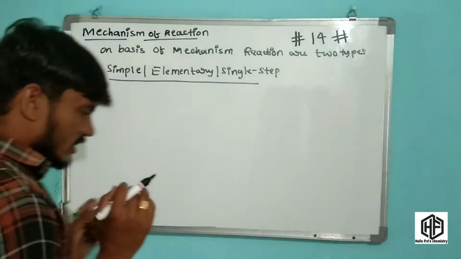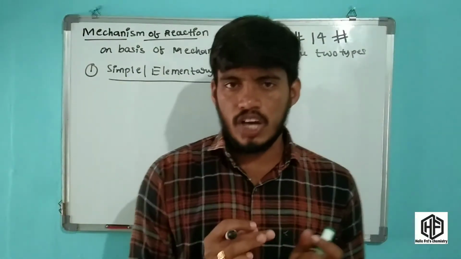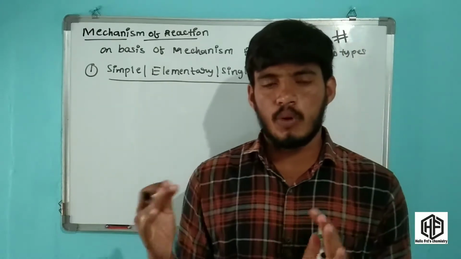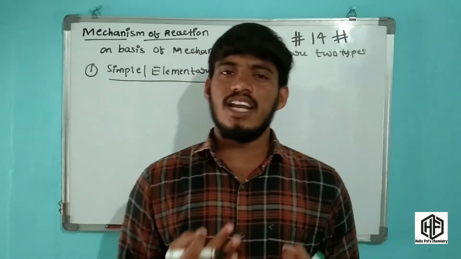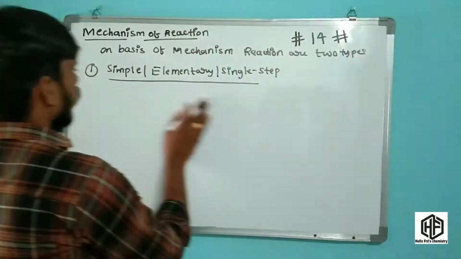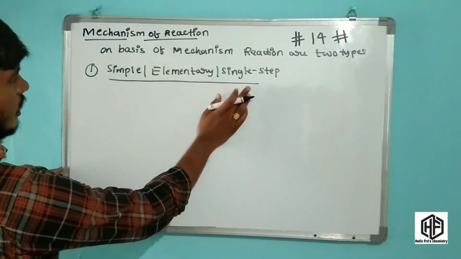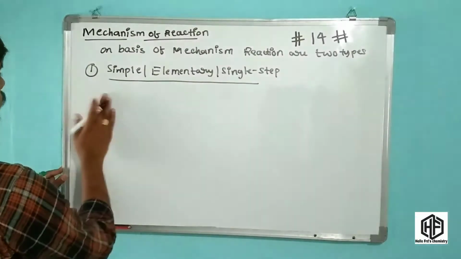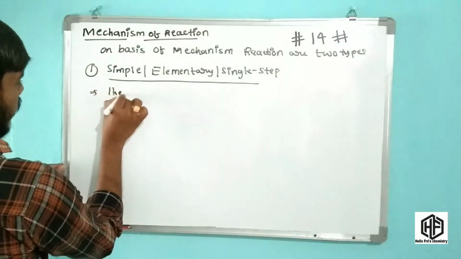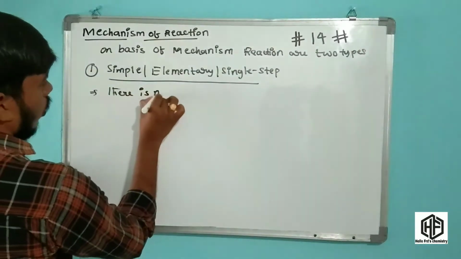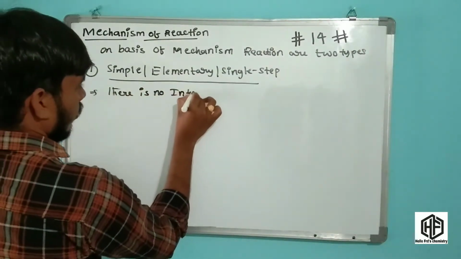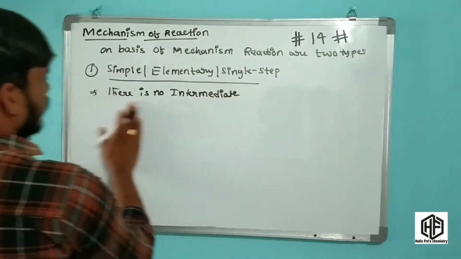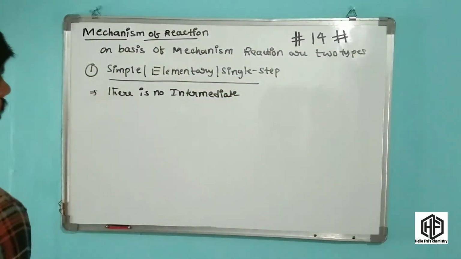What is simple? It means reactants are converted to the product in only one step. That is called an elementary or single or simple step reaction. Now, one more very important point: there is no intermediate present in this simple or elementary single step reaction.